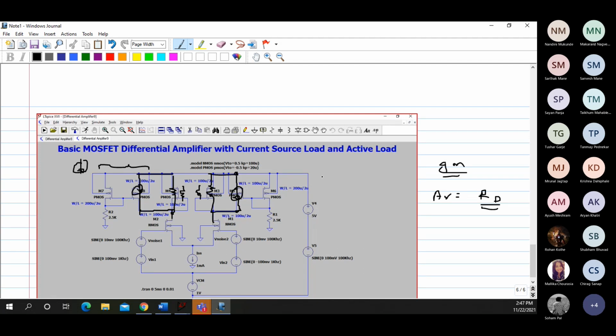So through this resistance, we are giving a fixed value of RD. Through this GM, we are ensuring that the GM value is independent of ID, and the GM value does not get affected even if the current through this resistance changes, because now we have made a constant current source there.